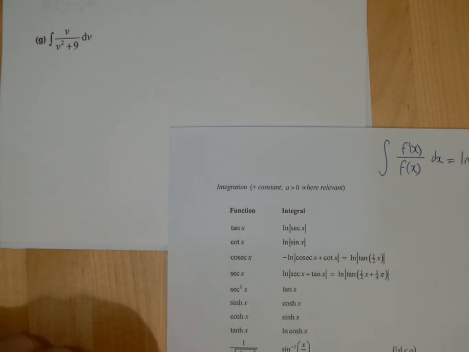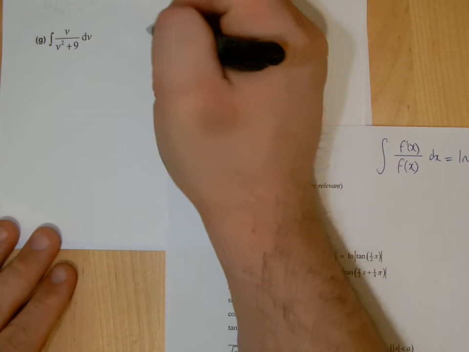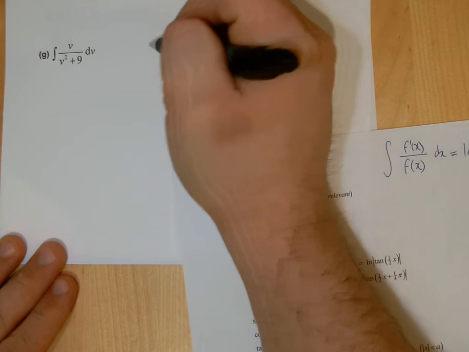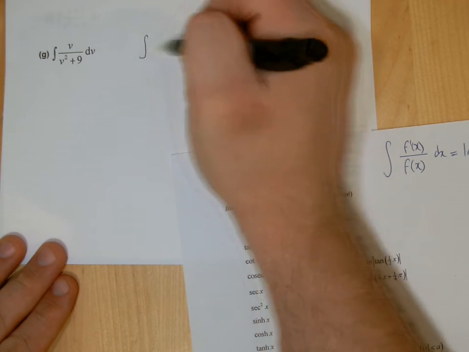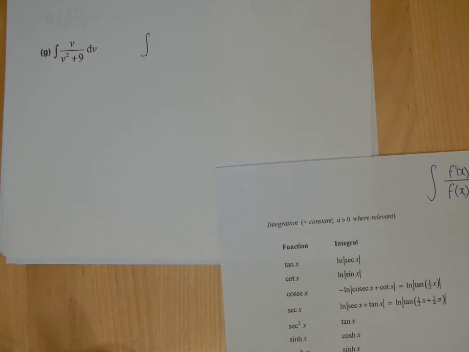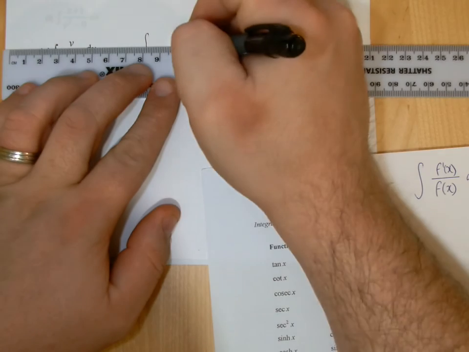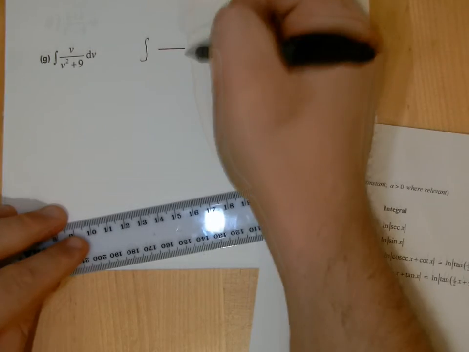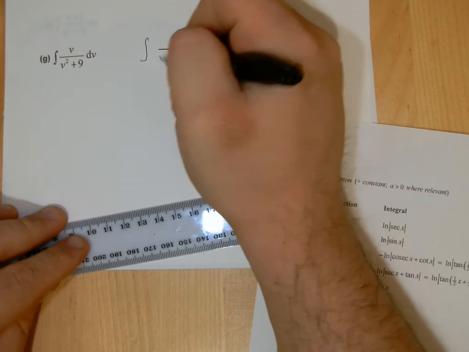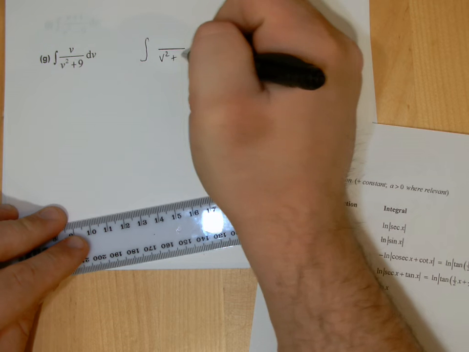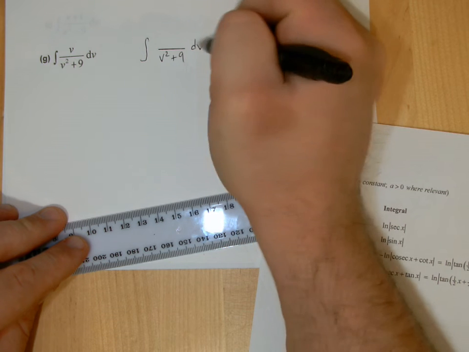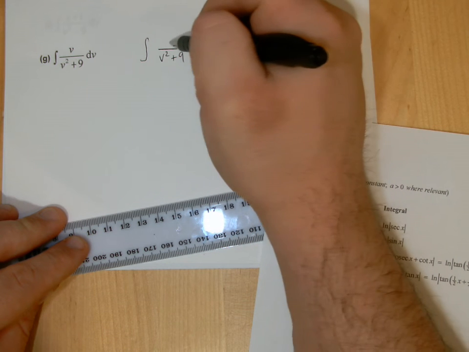But we can be slightly clever. We can rewrite this integral and make it so that we've got 2v on the top. So the question is, how do you do that? Well, let's rewrite that: v squared plus 9 dv, and v on top.